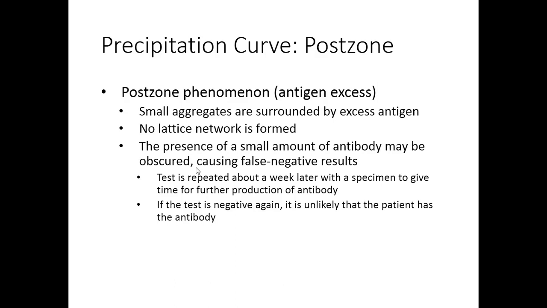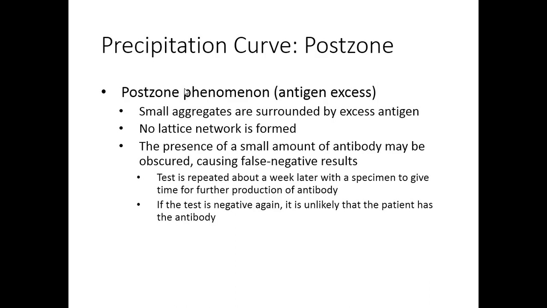And so we see that in some of our tests. If someone has a negative result and the doctor really thinks that they have that disease, maybe it's a strep reaction or something, if they repeat the test a week or so later and the antibodies had time to form, we may end up getting a positive test. Not because the antigen wasn't there before, we just had too much antigen and not enough antibody being formed yet.